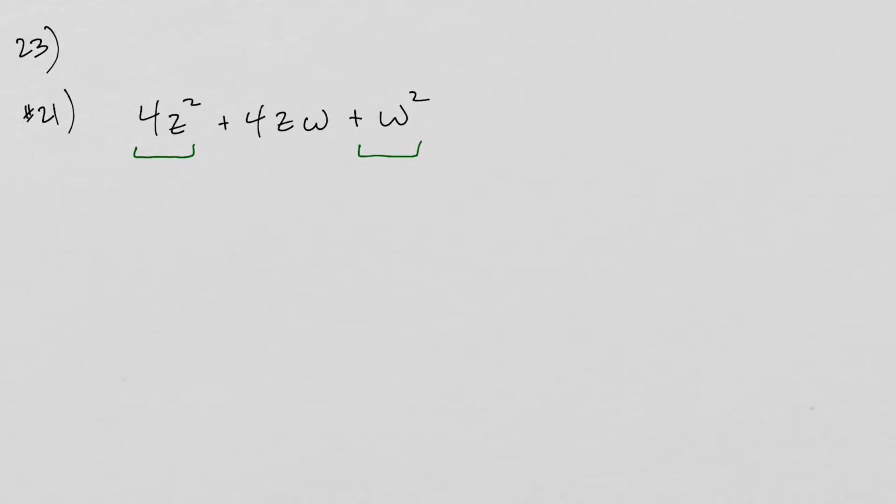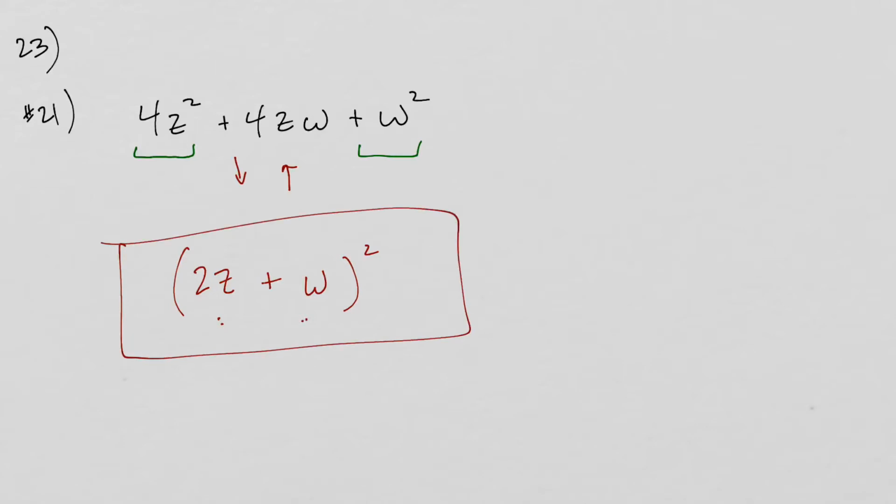When you have that, it's very likely that you have a perfect square. So we'll double check it. The square root of the first item goes here. The square root of the last item goes there. This sign goes there. This will be the answer if twice the product of those two terms is equal to that. And it is. So that's the answer.